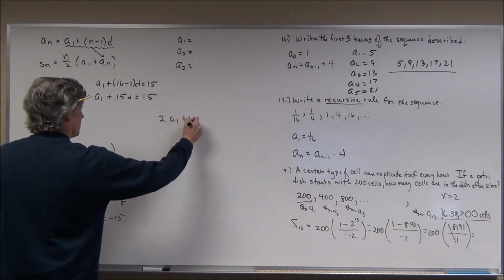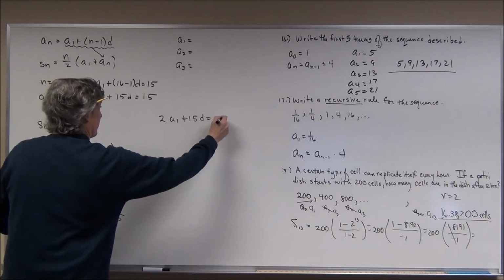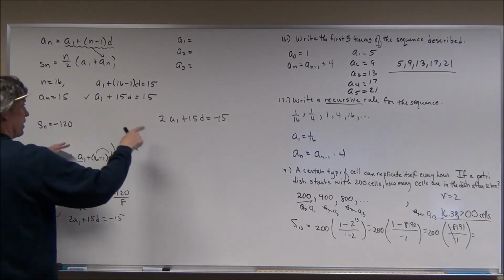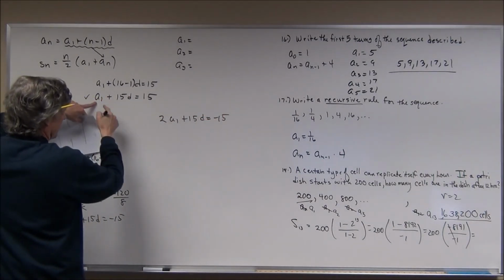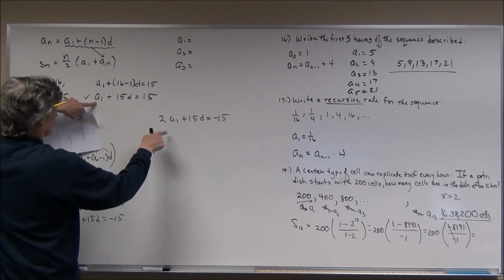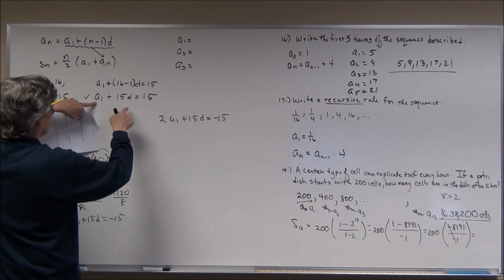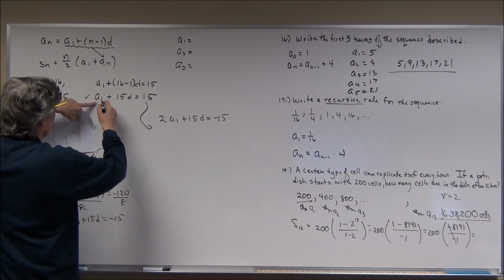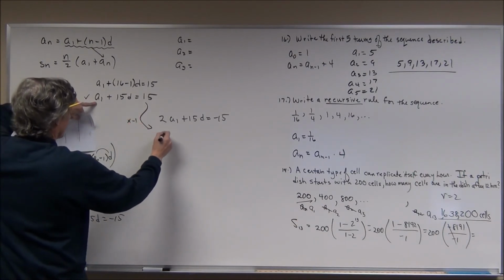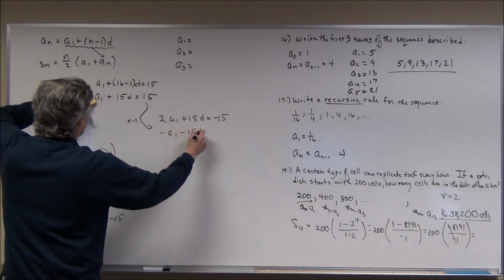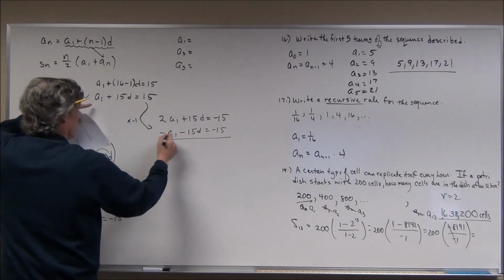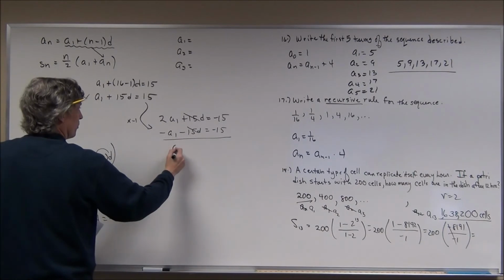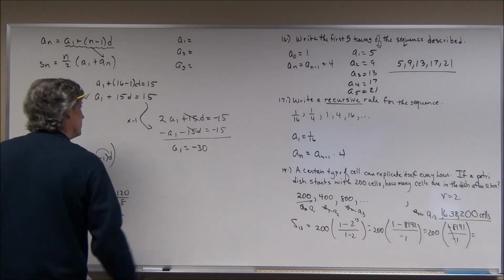This one's a peach. Somebody figures this one out on their own, they're doing okay. And I'm going to take this guy here, I'm going to get the a sub 1s to cancel. Actually, I could get the d's to cancel. I'll just multiply by negative 1. So if I multiply by negative 1, I get negative a sub 1 minus 15d equals negative 15. Nice. I get a sub 1 is equal to negative 30.